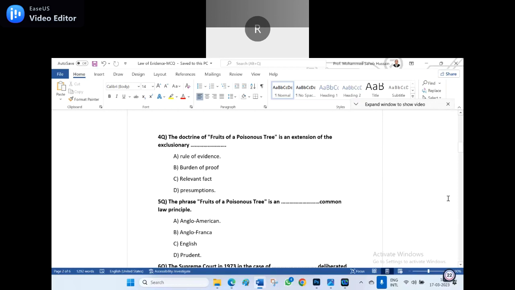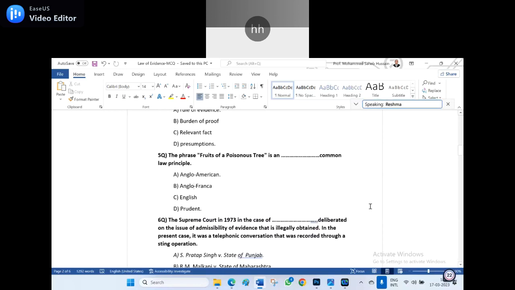Option C, English, wrong. Anglo-American, option A. It is a common law concept, and it is the American concept. Seldom will you use it in the law of evidence, but it is not actually parallel, but in certain cases it can be considered.